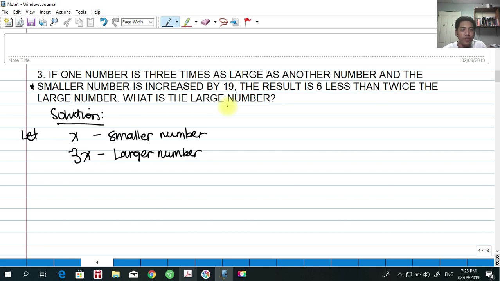That is another condition. So you must first identify that we have two numbers here, and the larger number is thrice, or 3 times, as large as the small number. Okay? So before you proceed.